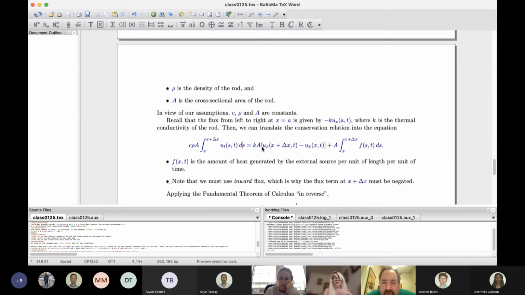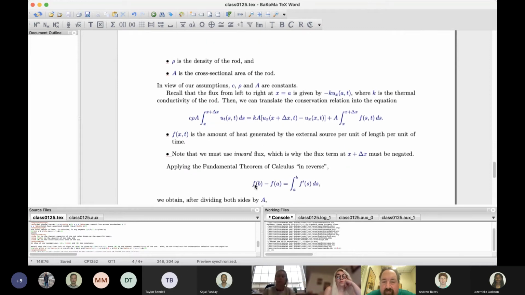But now what I'm going to do with this: here I have an integral from x to x plus delta x here and here. I'd like to have the same thing here, and I can certainly do that because I have a difference of function values at x plus delta x and x. So I can write this by basically applying the fundamental theorem of calculus in reverse.